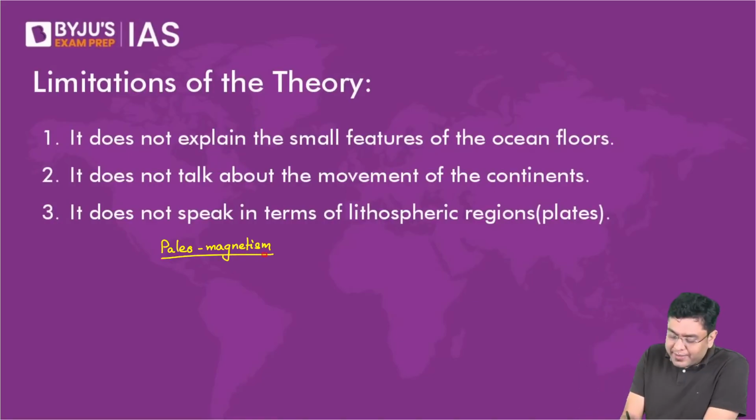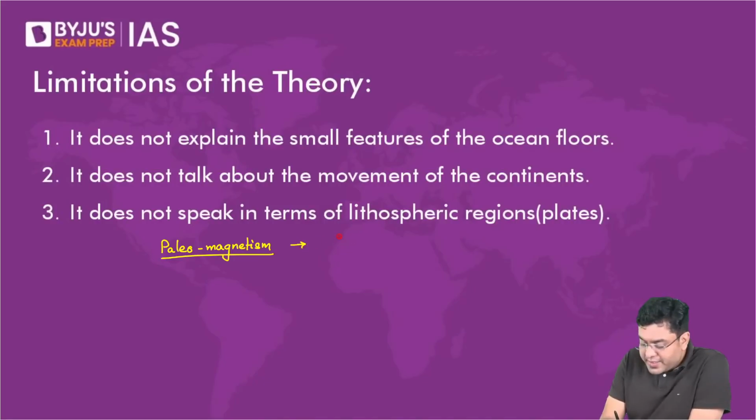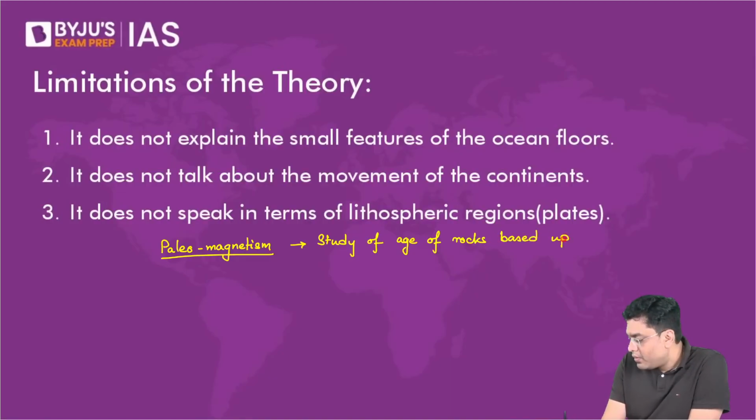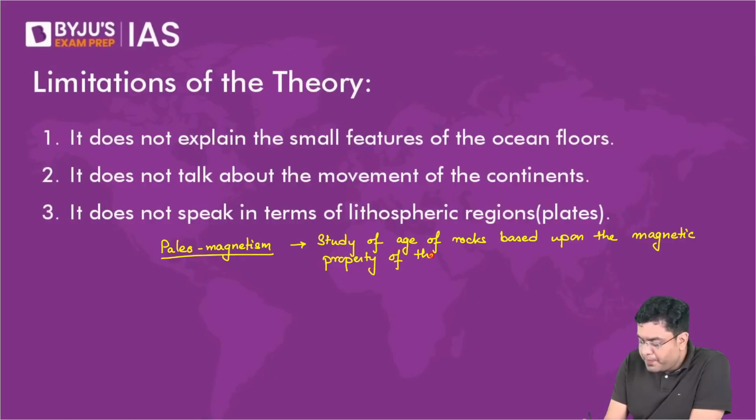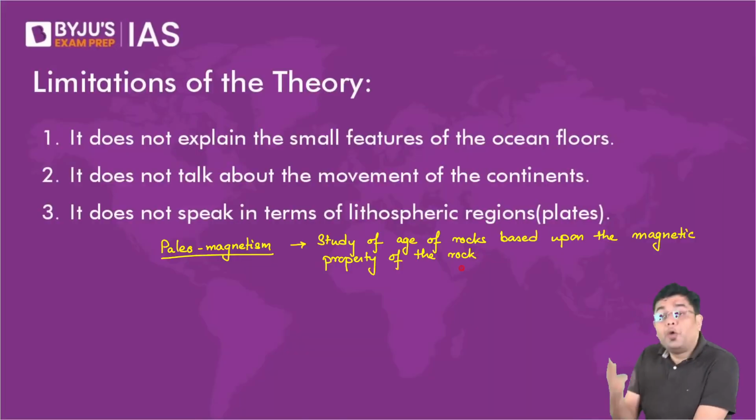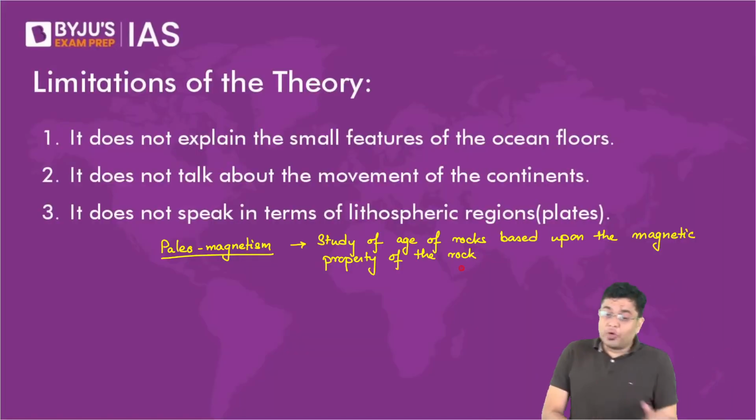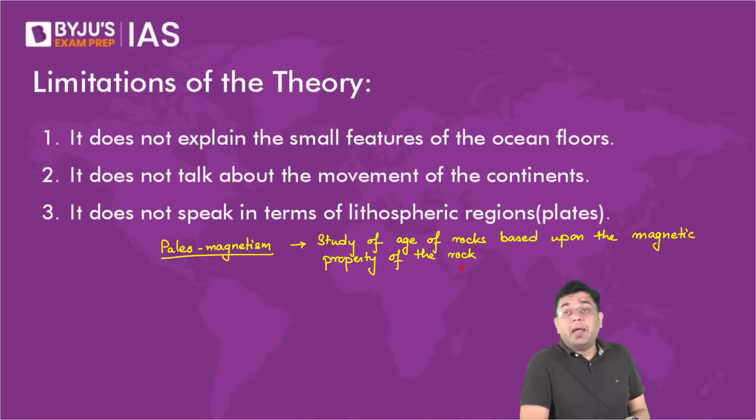So, paleomagnetism refers to the study of the age of rocks based upon the magnetic property of the rock. So how is it that you can study and calculate the age of the rocks based upon the magnetic property?